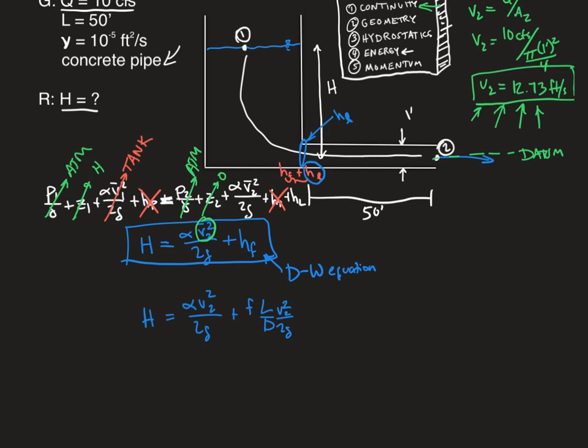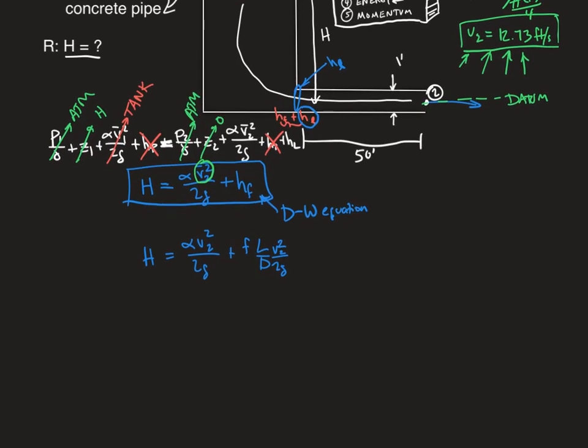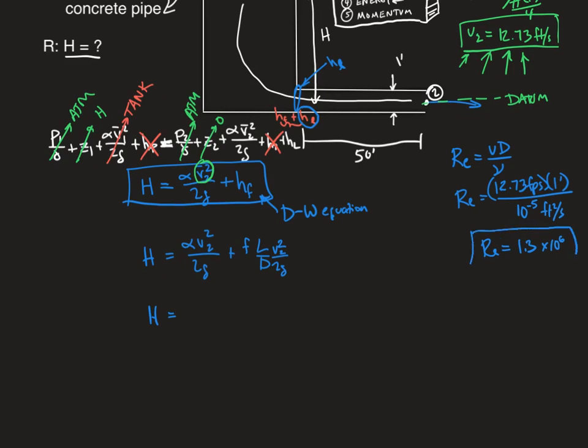So what's nice is this lines up pretty nicely for us, right? So we can say H equals, well, we've got to figure out the alpha. So let's just zap and do that real quick. If we calculate the Reynolds number, based on the velocity in the pipe, the diameter of the pipe, and the viscosity of the fluid, we can show that this is turbulent, so alpha is equal to 1.0.